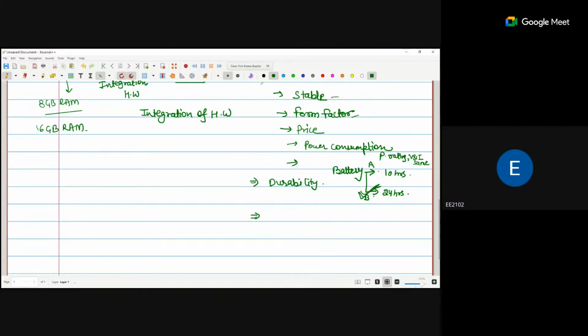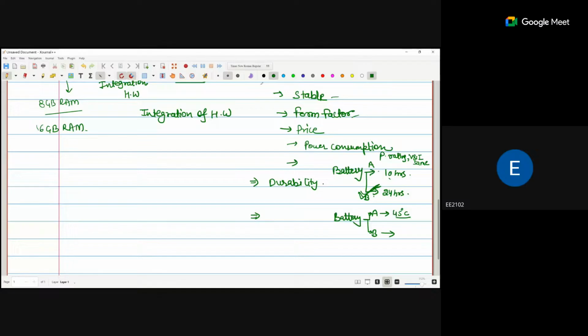Okay. Second thing, same batteries A and B. One will work for 10 hours, but the temperature will increase up to 45 degrees.